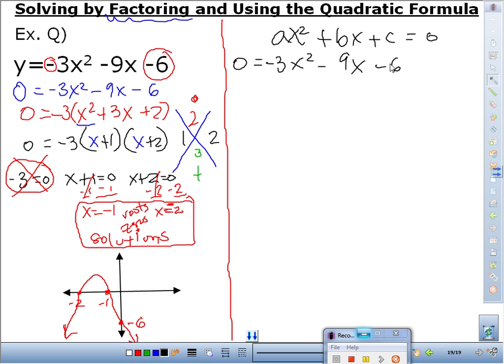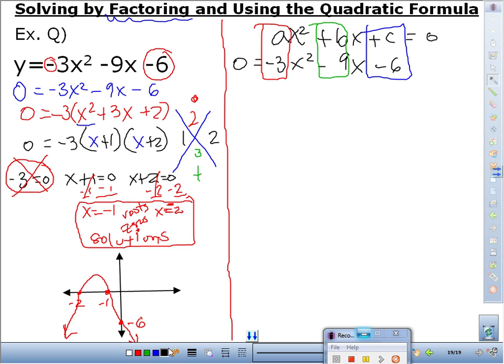It's the same thing, right? Okay. Step 2, identify A, B, and C. What is A on this equation? Negative 3. What is B? Negative 9. And what is C? Negative 6. Okay, so we got that.